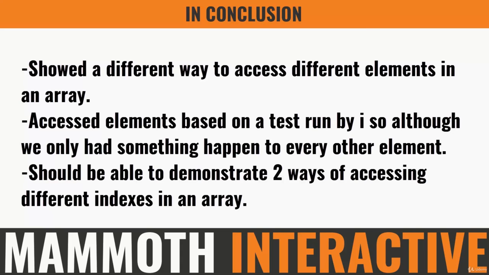So again, rather than changing that indexing factor, we actually, within the for loop, tested i to see if i itself was divisible by 2. So basically, if it was odd, then we didn't do anything. If it was even, then we added all the numbers together. So by now you should be able to demonstrate these two ways of accessing different indexes in an array. Again, two ways to accomplish the same task, and both have their merit in different situations.